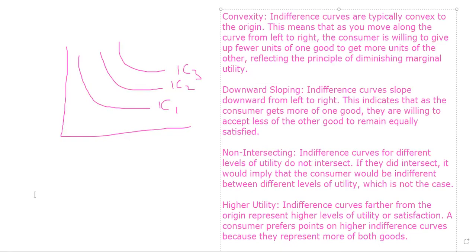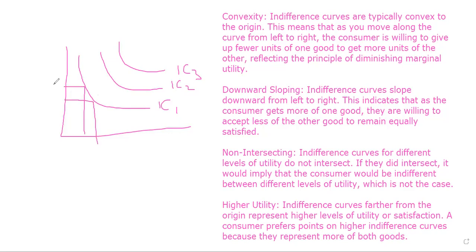So like I said, convex means what? They look like this. They bow toward the origin. So it means that as you move along from the left to the right, consumers are willing to give up fewer units of one good to get more of the other. So this convexity looks like a trade-off.